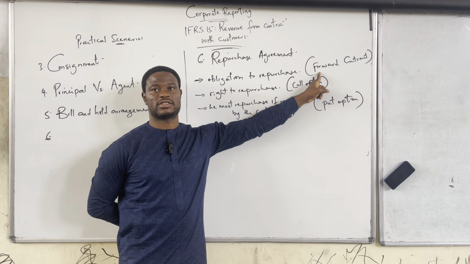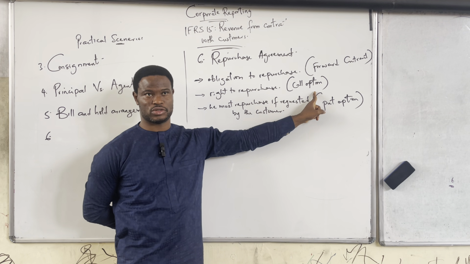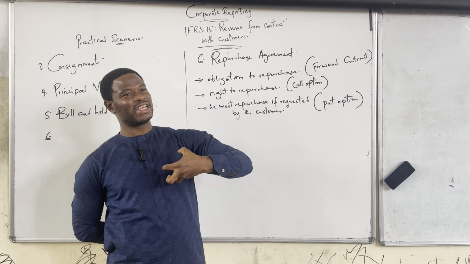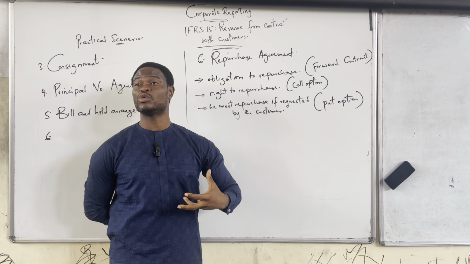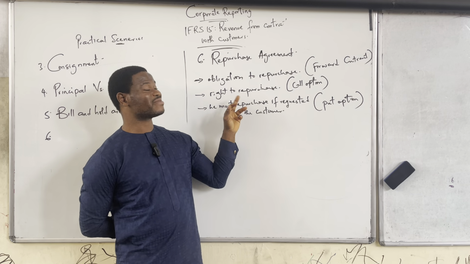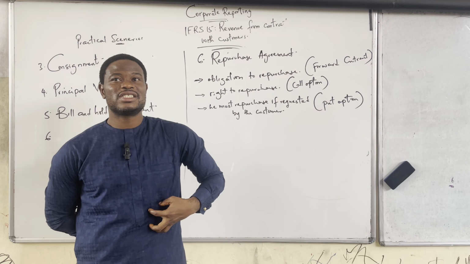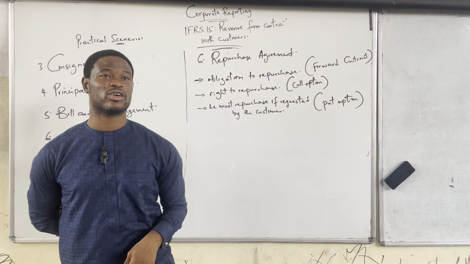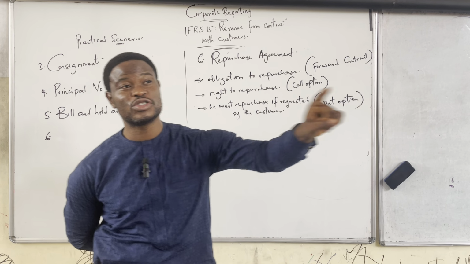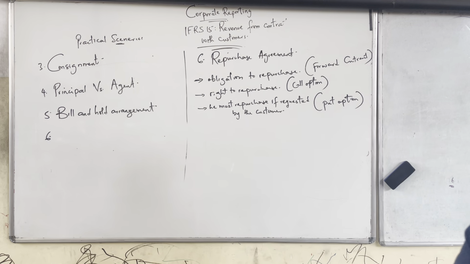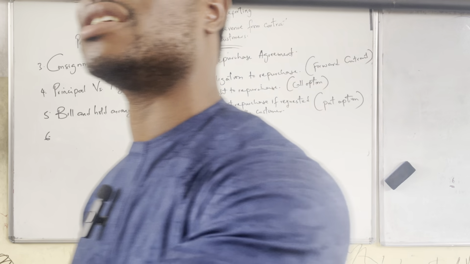Forward contracts and call option. When you have an obligation to repurchase, you have already entered into a contract with somebody that you will buy. Right to repurchase is your right. The person cannot say no. In these first two instances, you did not transfer control. The goods you sold in that first instance, you cannot recognize as revenue.